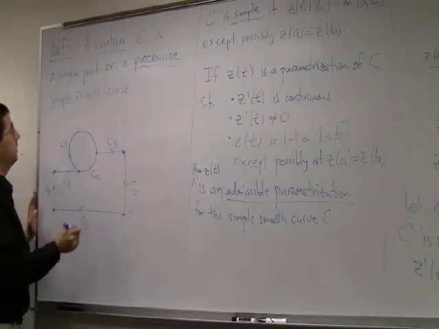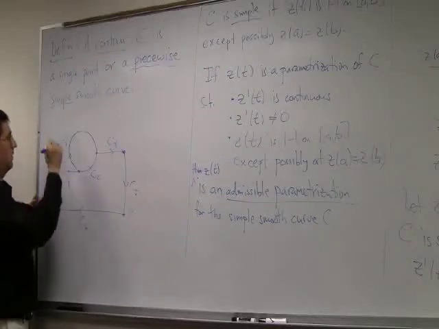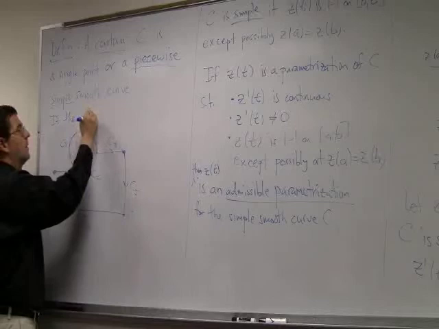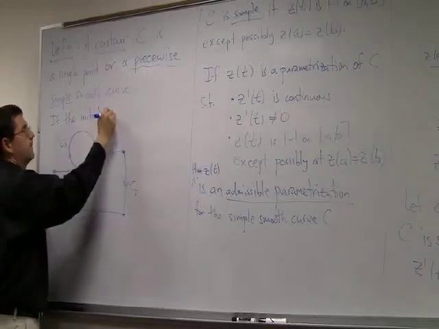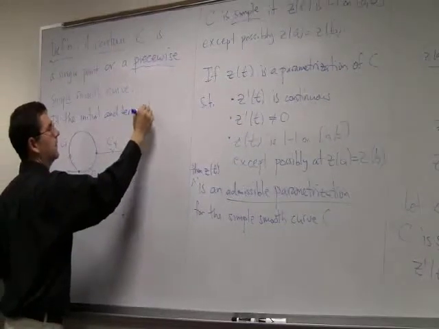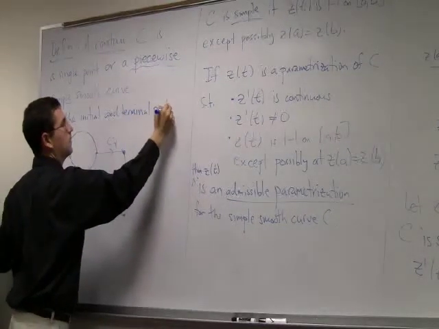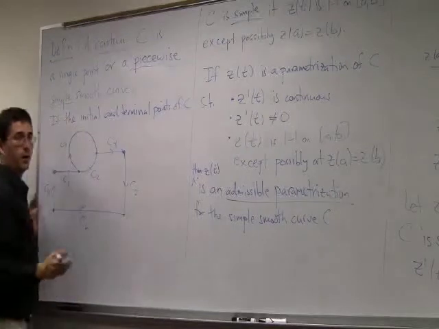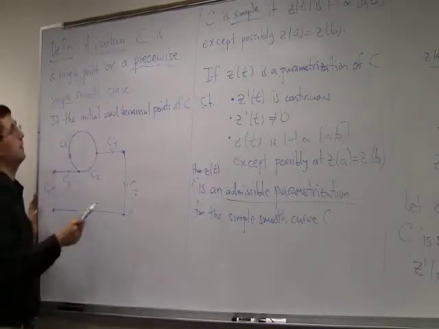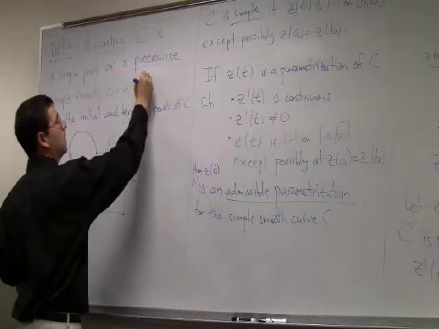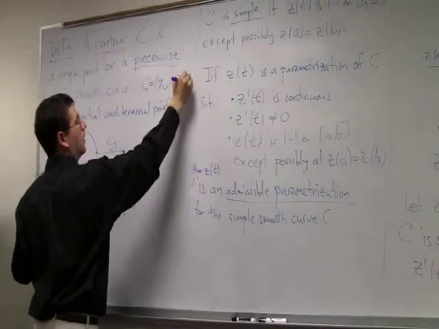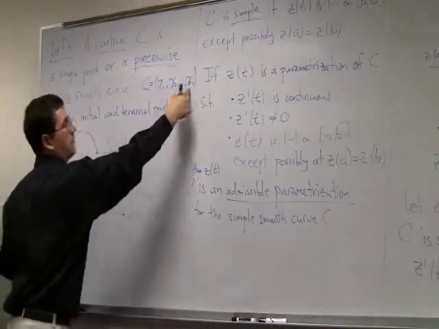So this one here, let me say, if the initial and terminal points of C. Now, you have to be careful here. There's an order to the way you write these things down. If you wanted to be really precise, you might write that C looks something like this: gamma 1, gamma 2 through gamma n.